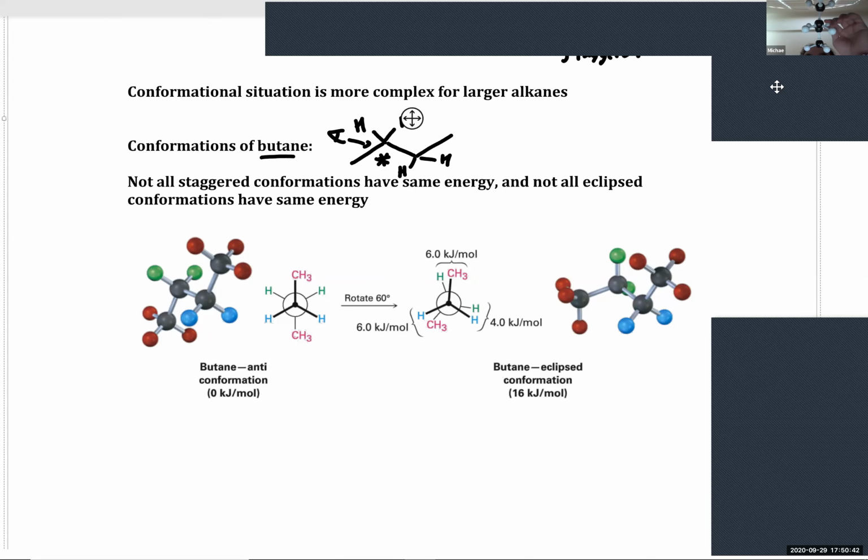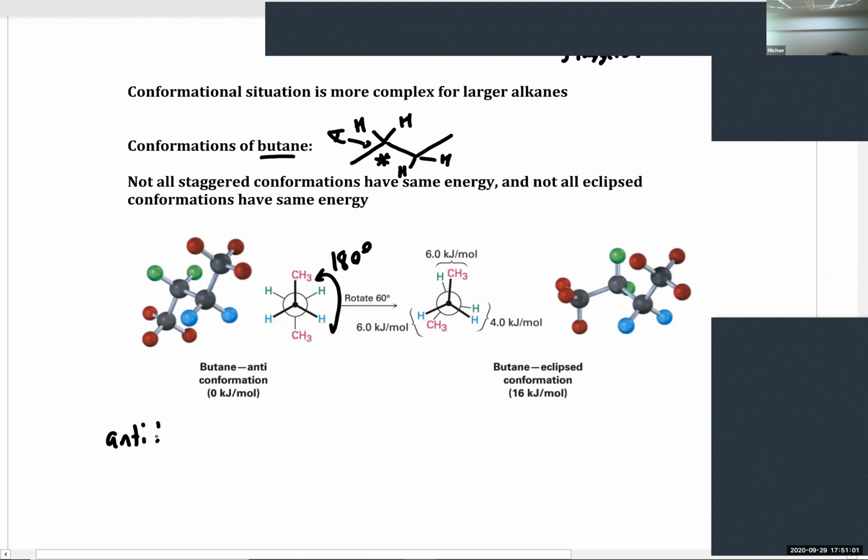Okay, so one important thing to note is that this structure is a unique staggered conformation in that we have 180-degree separation between our largest substituents. We call this conformation the anti-conformation. And in the anti-conformation, we have a 180-degree dihedral angle separating the largest substituents.